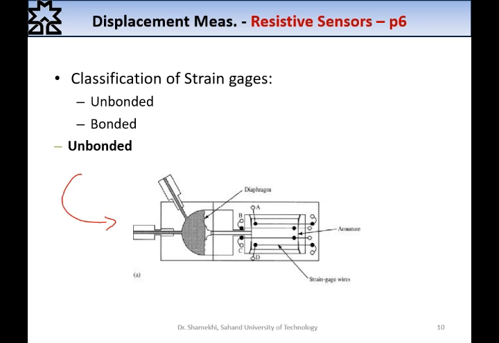As you can see, we use 4 strain gauges. Strain gauge A, B, C, and D are 4 strain gauges of this sensor.